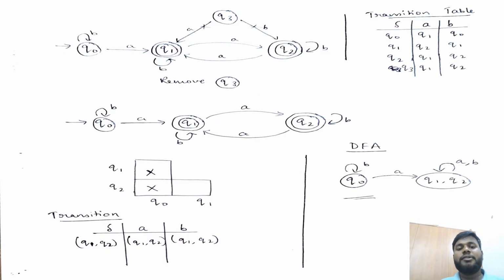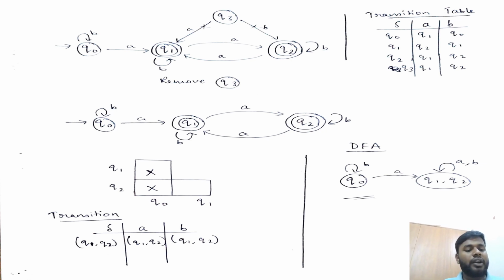DFA minimization example. The initial state is Q0 and the accepting state is Q2. The transitions are Q0 to Q1, Q0 to Q2, Q1 to Q2, and Q1 to Q1. Now let's check for the equivalent states and merge them. Q0 and Q2 are not equivalent because they have different outgoing transitions for both 0 and 1.